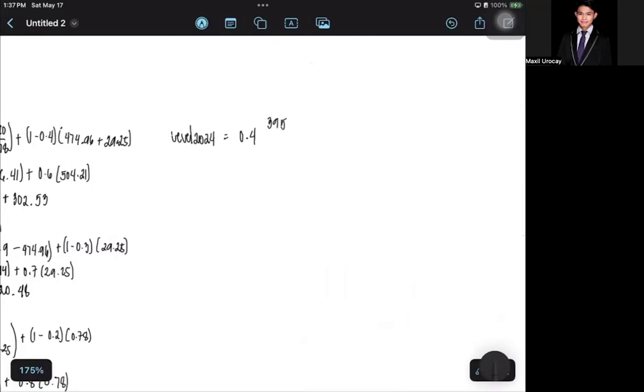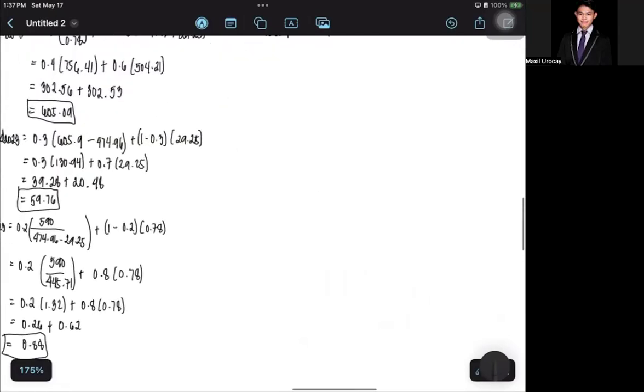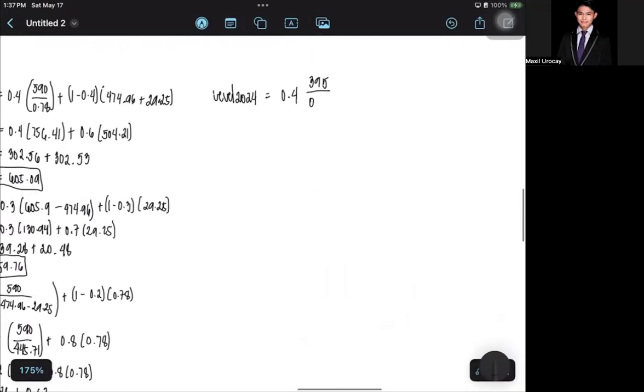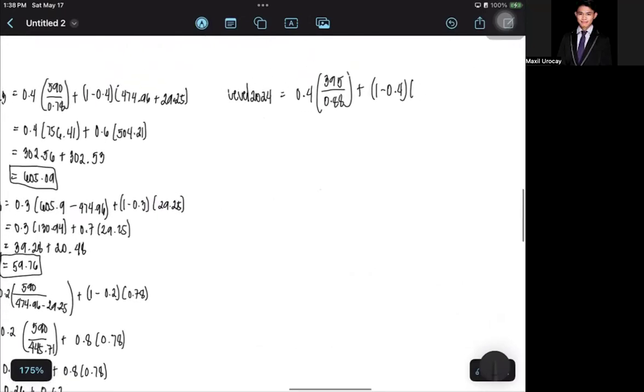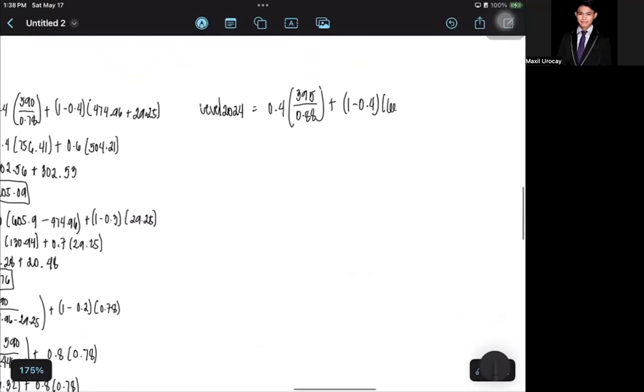And then afterwards, you will divide that by the previous seasonality, which is 0.88, and plus that into 1 minus the parameter 0.4. And this one here, you will times that into the previous level, which is 605.